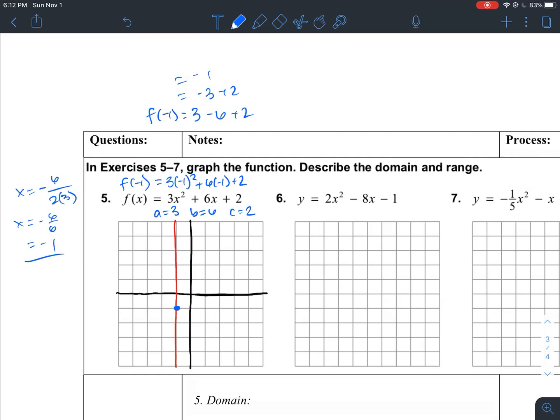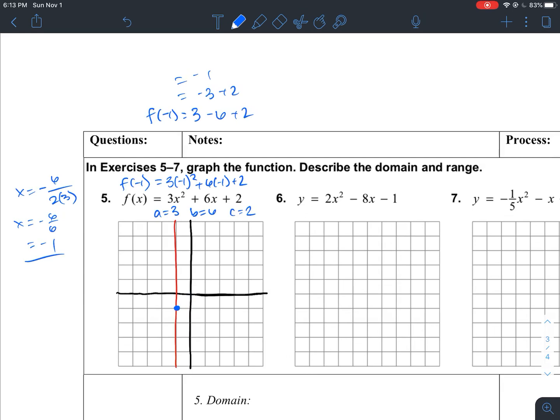And we are open upward, so I know we'll be facing upward because a is positive. Okay, and we know that we're going to have a stretch of 3 right here. So I want to find the next point to the left and to the right.